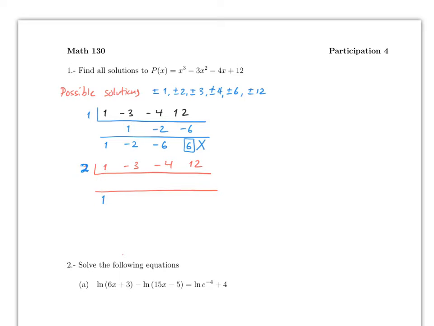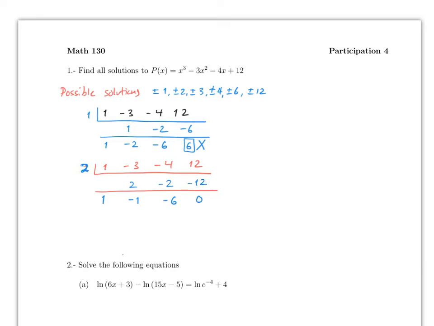Then 1 times 2 will give you 2. So this is -1. Then -1 times 2 is -2. So this is -6. And then -6 times 2 is -12. And this gives you 0.